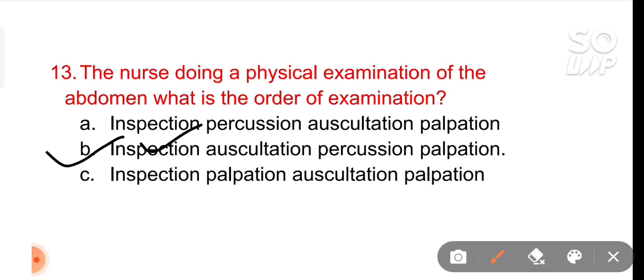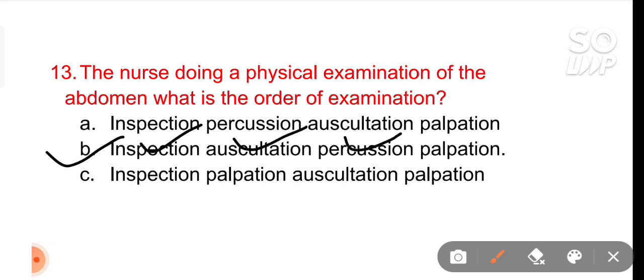Inspection means visualizing or seeing the physical structure of the abdomen. Auscultation is hearing the abdominal sounds; the intestinal sounds present in the abdomen we can hear by auscultation.